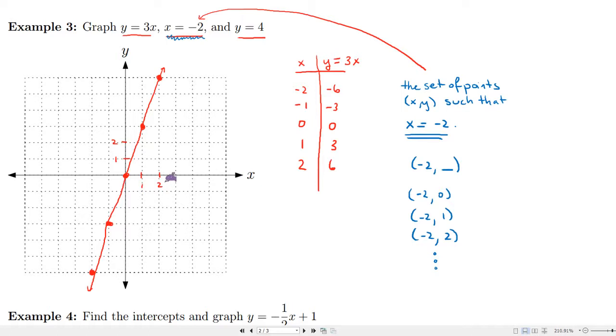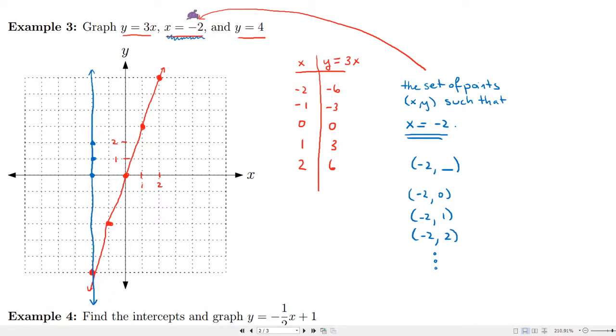So what would that look like over here? So plotting this, so -2, 0, -2, 1, -2, 2. So you see, you're just filling in all the points where the x value happens to be -2. See that?